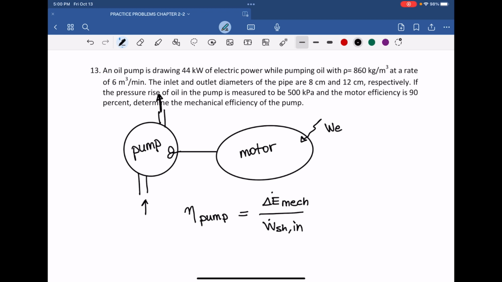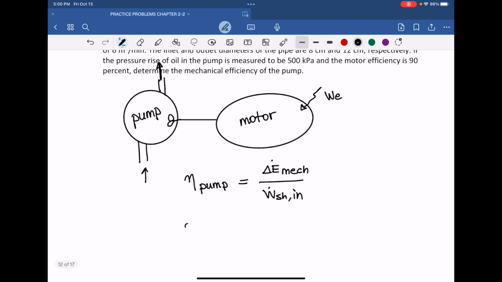That means we need to work with it. So let's write it. In the motor, what is the output is the shaft. This shaft output is what is getting into the pump. So they are actually the same thing. But in one of them it is the output, in one of them it is the input, but they are the same.